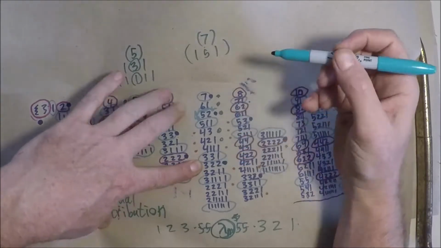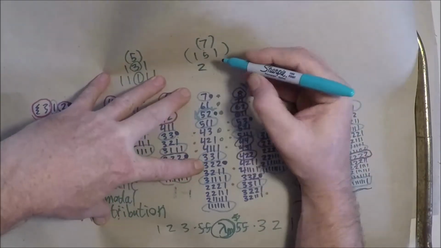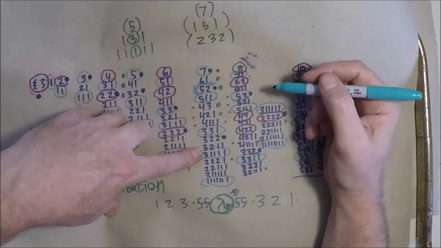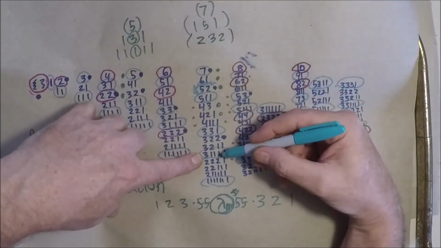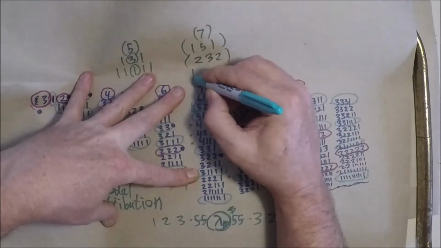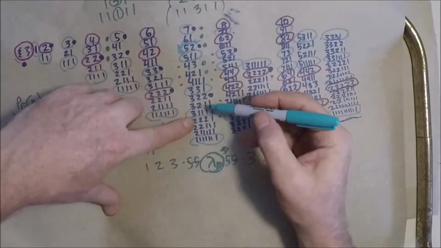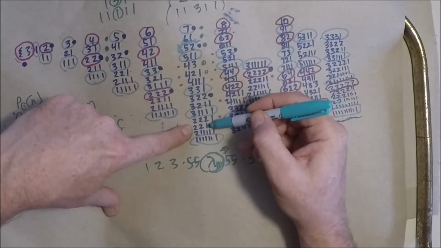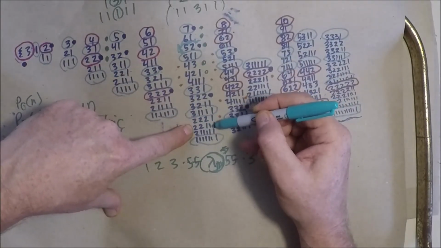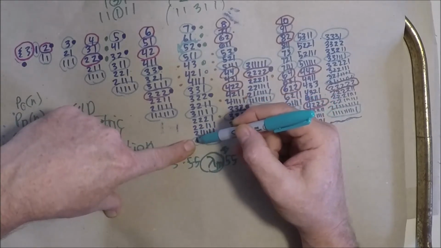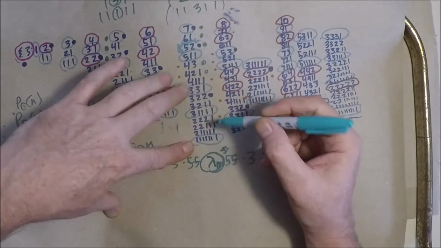Here's one though, because we can do 2 3 2, and nope, but here's one, because we can do 1 1 3 1 1. And this is a no, this has an odd number, and this is an odd number, so yes.